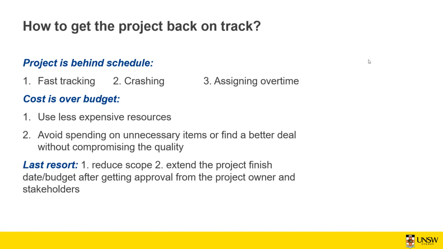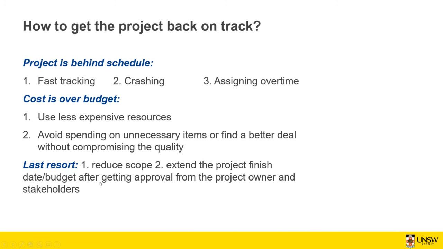For example, you can do cost saving on travel. You can use public transport instead of Uber or a taxi. That can be minor saving, but overall it can save you some money to make sure that your budget is going to be met.